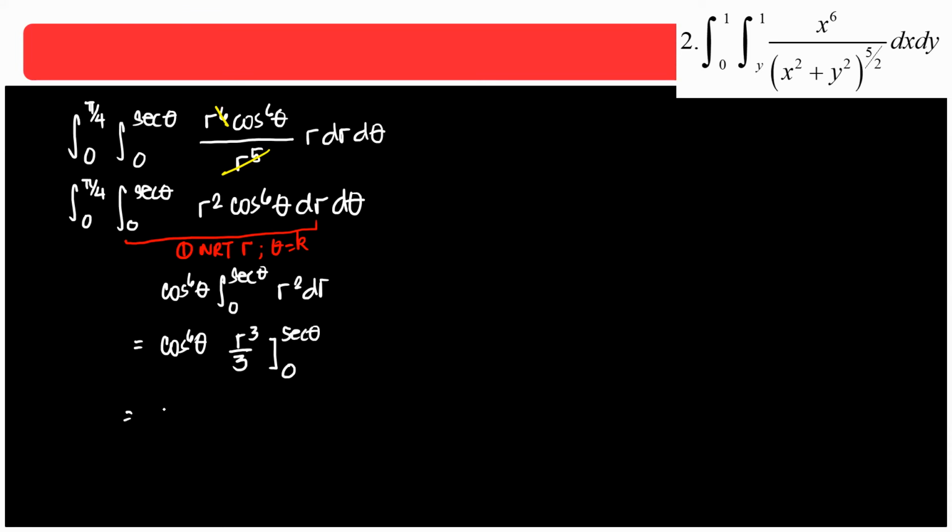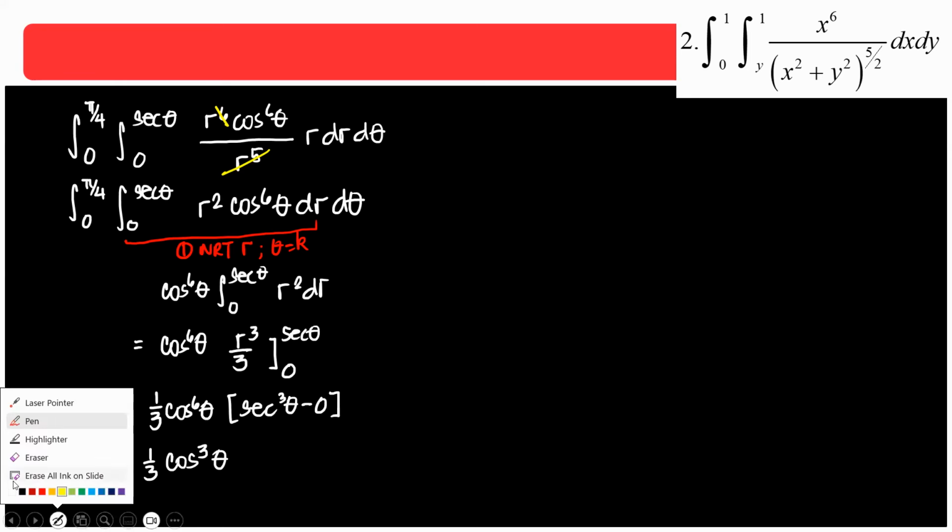Let's bring out the 1/3. We don't need that. 1/3 cosine to the 6. Since it's r cubed, I can say secant cube theta minus 0, or 1/3 secant cube and cosine to the 6. That's going to be cosine cube of theta.